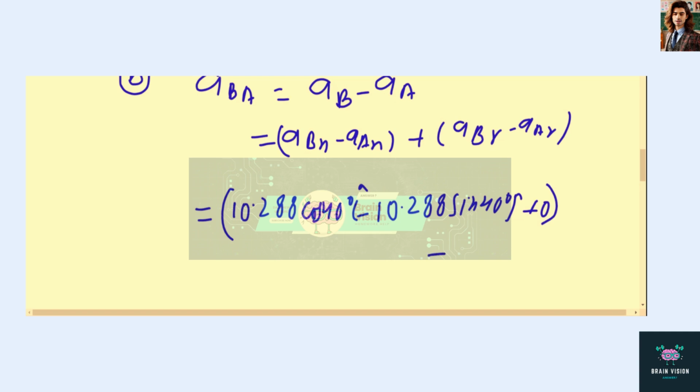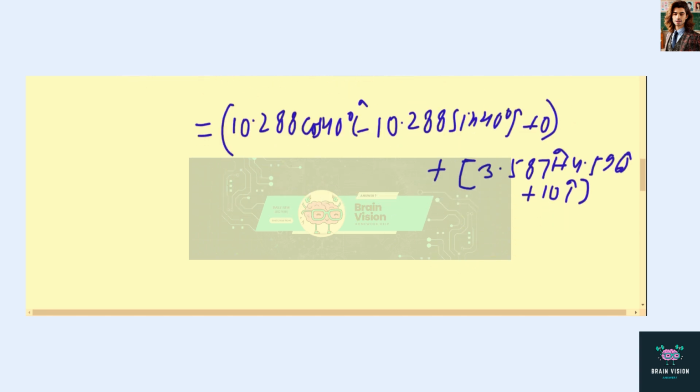Plus we add the radial component also, so this becomes 3.587 I plus 4.596 J plus 10 I. After the calculation, ABA becomes 21.738 I minus 2.017 J.